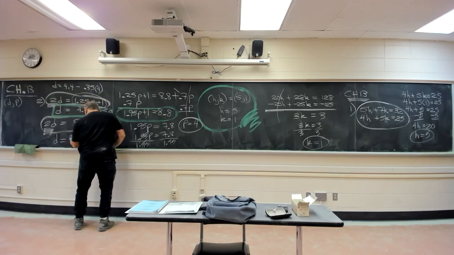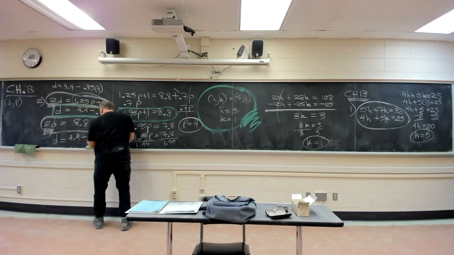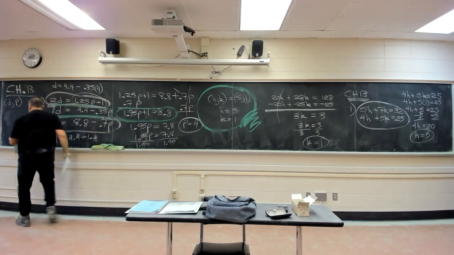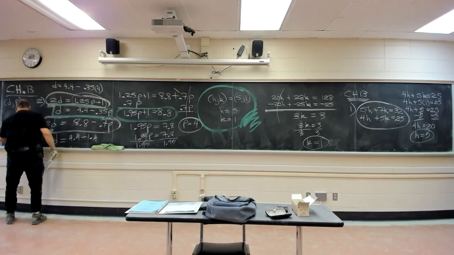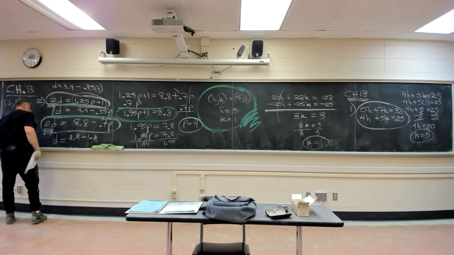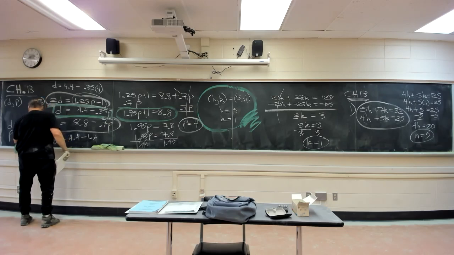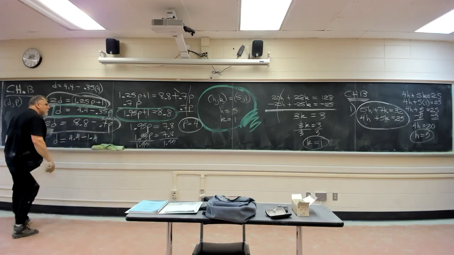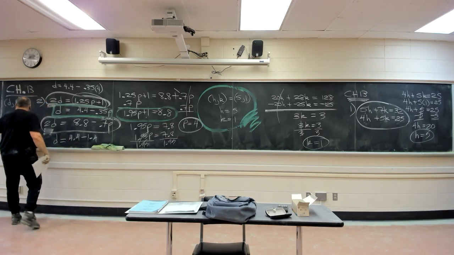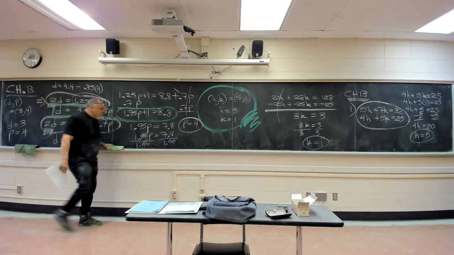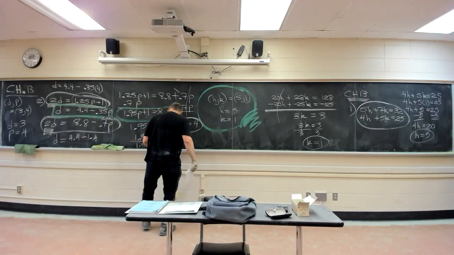So you got 4.4 minus 1.4 is D, and 4.4 minus 1.4 is 3. P is 4. Sounds good to me. 3 comma 4, depending on how they like to express some of this stuff, you guys.